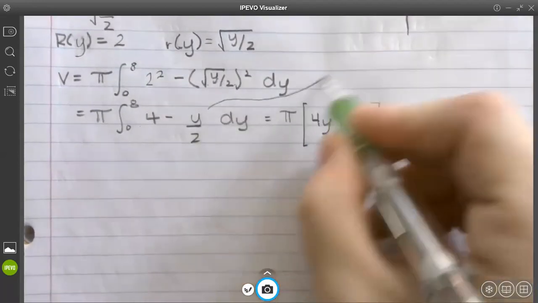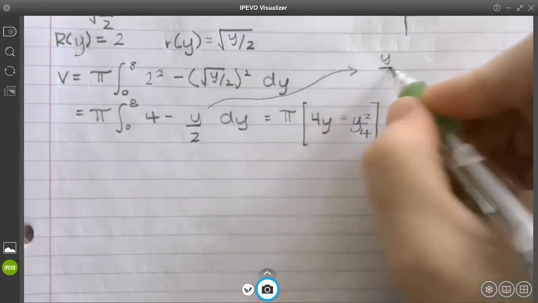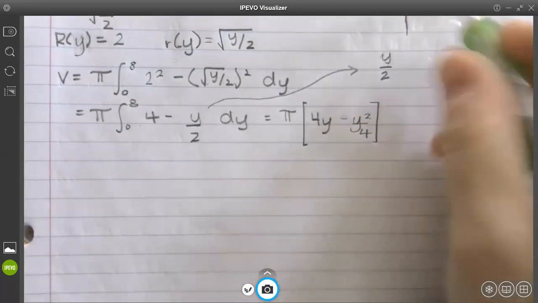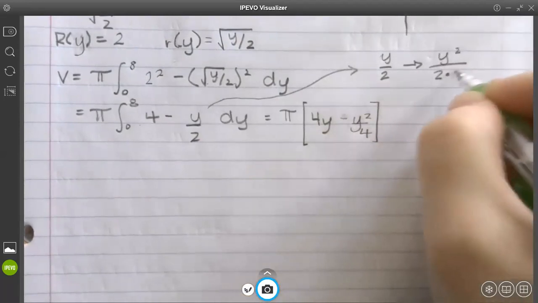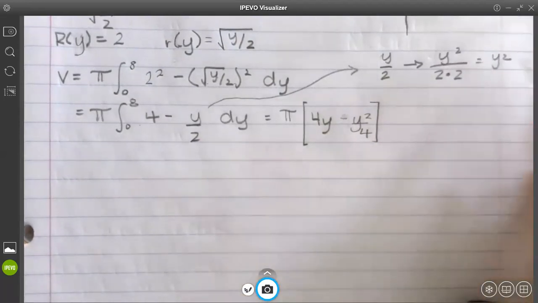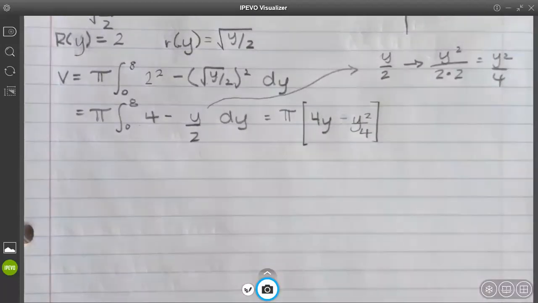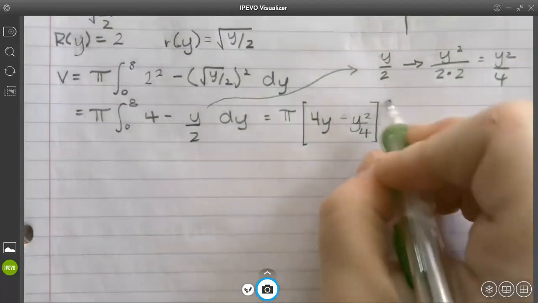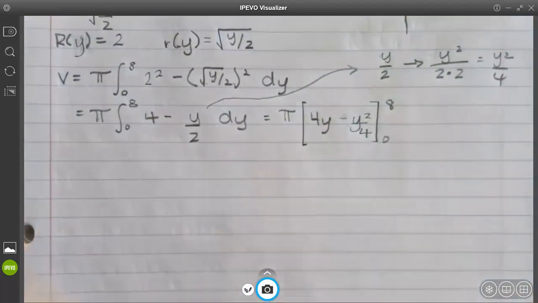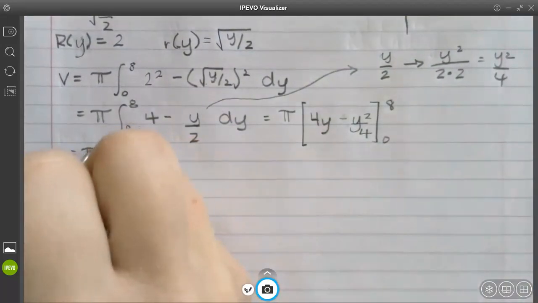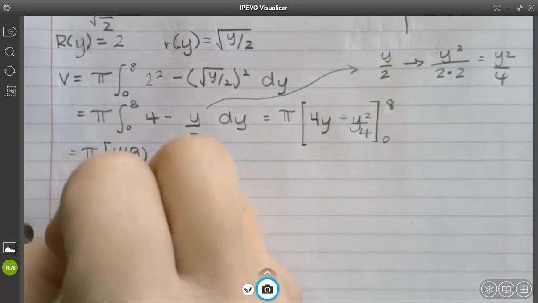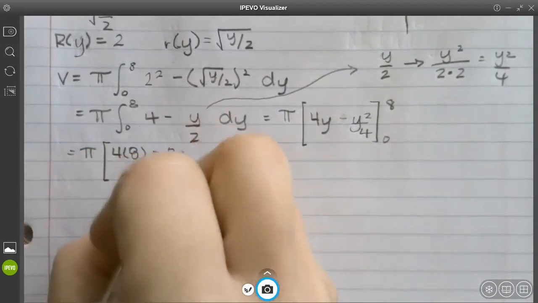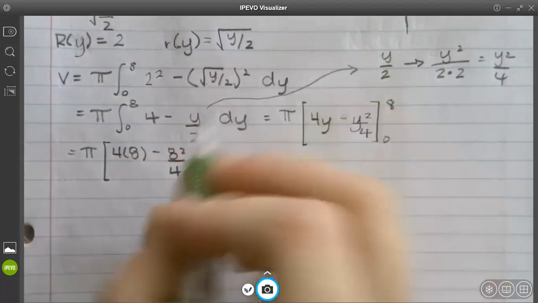If we take this over here, just so you can see it. Remember, it's 2 the second over 2, but we already had a 2 down there. So that's why it's y squared over 4. We're going from 0 to 8. You're going to do 4 times 8 minus 8 squared over 4.